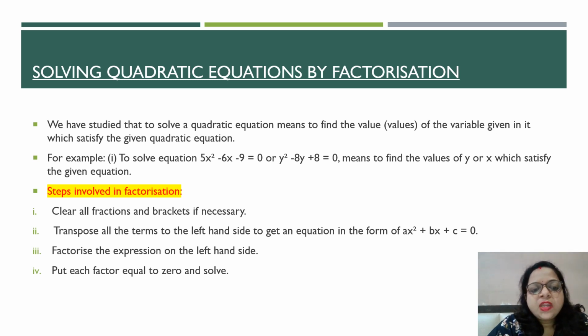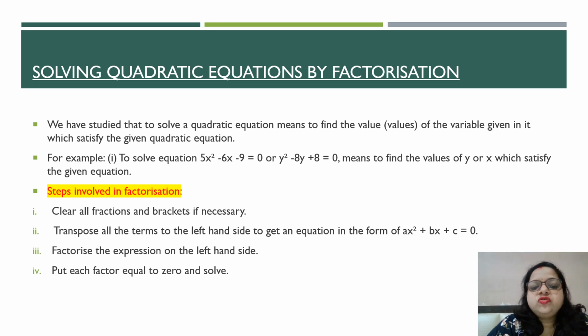Okay. Now steps involved in factorization. The first step is clear all the fractions and brackets if necessary. Means first solve the fractions and the brackets if they are there. Okay.